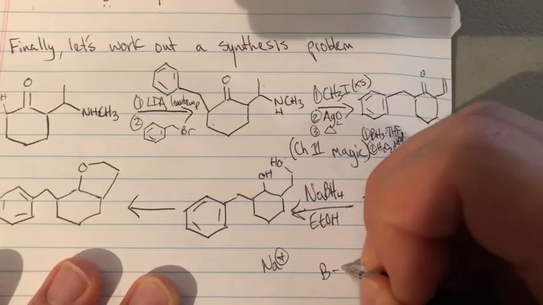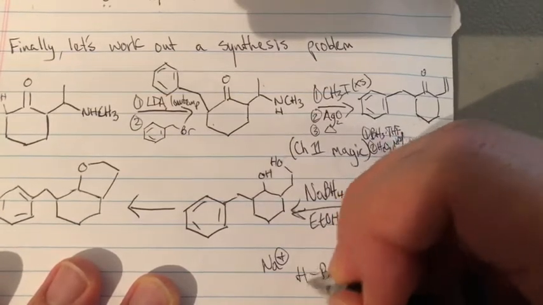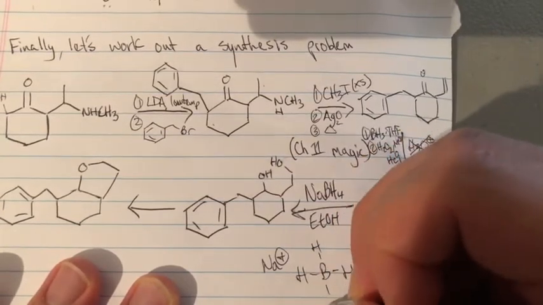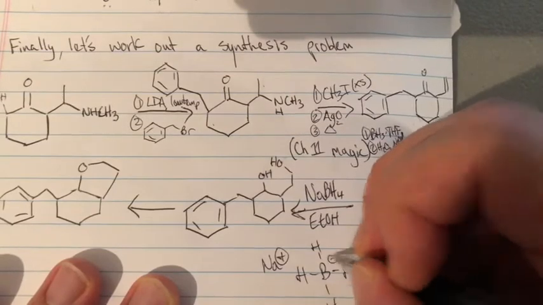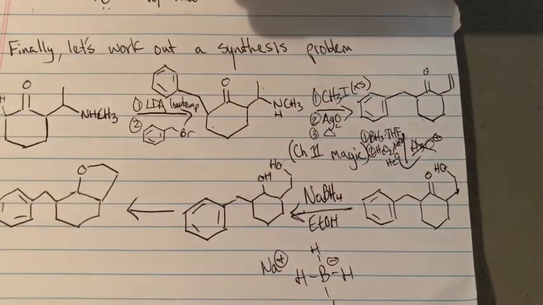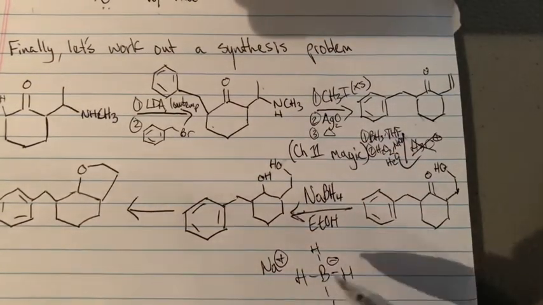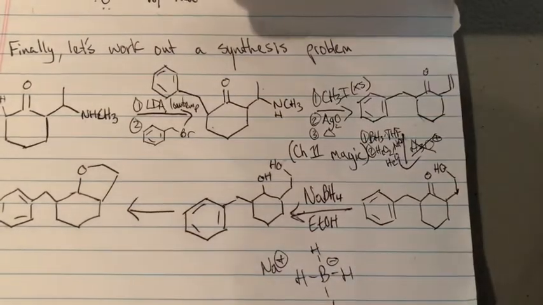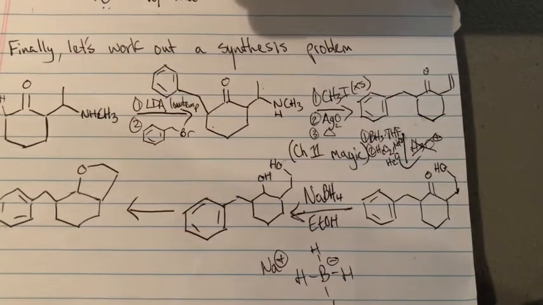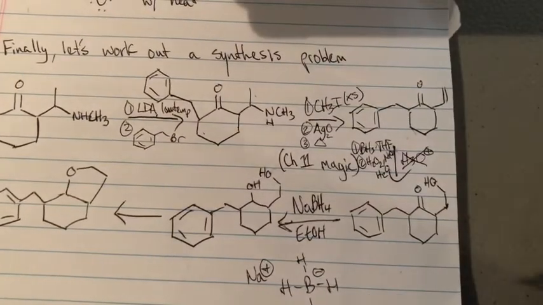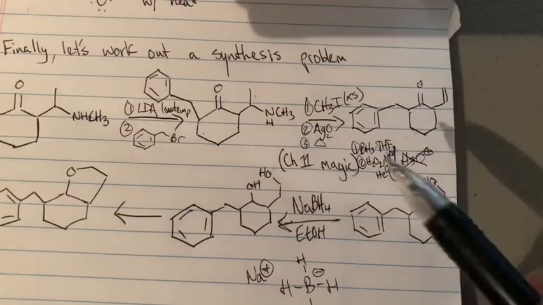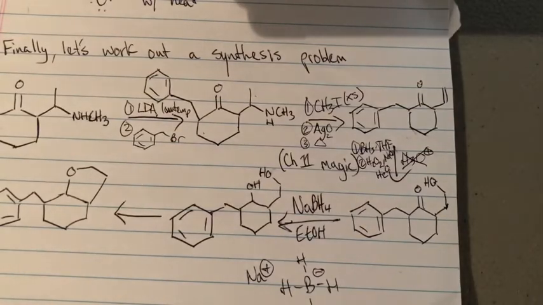You're going to have that BH4, or boron is going to be negatively charged. So this is going to be a hydride source, just like lithium aluminum hydride was, albeit less reactive, because this is not as polar of a bond as what you would see with lithium aluminum hydride.